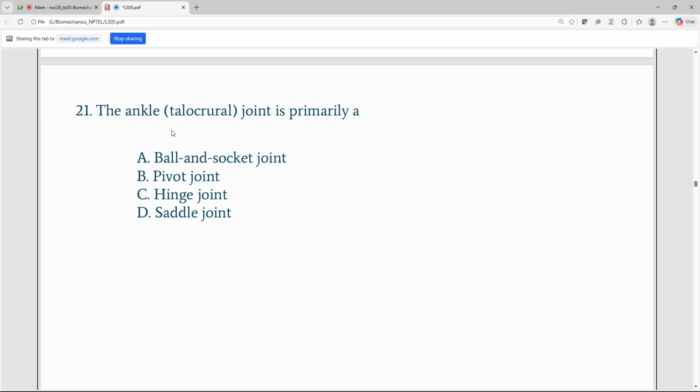The ankle, which is also known as the talocrural joint, is primarily which of the following? Options are option A, ball and socket joint, option B, pivot joint, option C, hinge joint, option D, saddle joint. So which type of joint is an ankle joint?